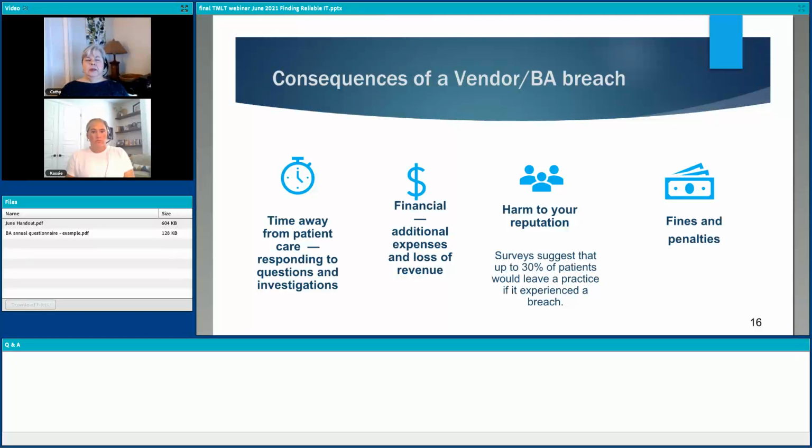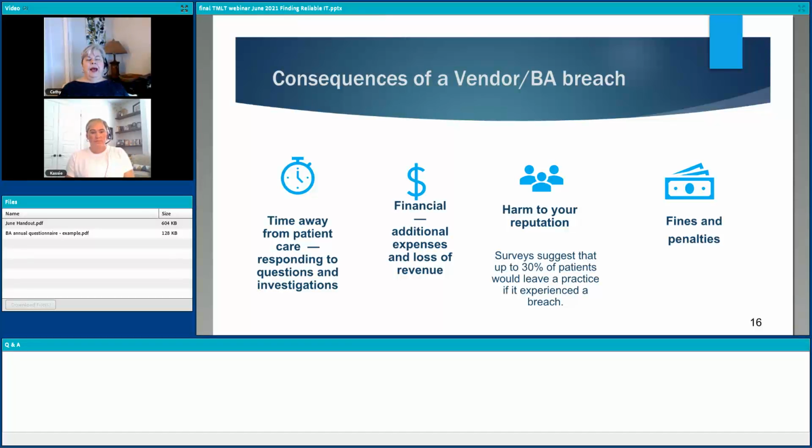There can be additional expenses that cause financial burdens, either for things you have to pay for that you did not expect to pay for, or loss of revenue, and harm to your reputation. Surveys are suggesting that up to 30% of patients state they would leave a practice if it experienced a breach that involved their data. And of course, there are fines and penalties. We certainly hope that you never get to that point, but these are all realities.